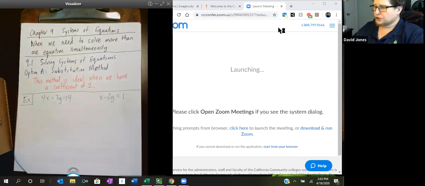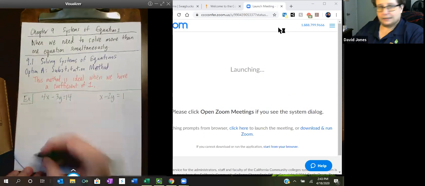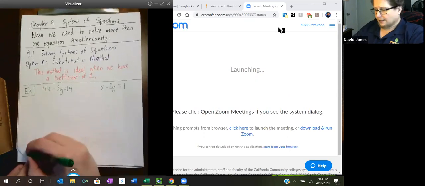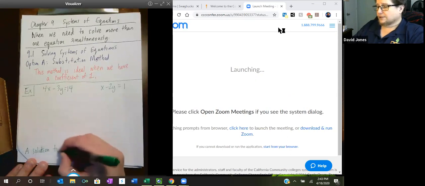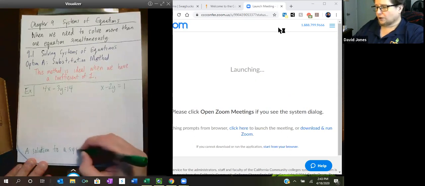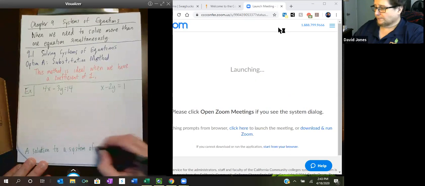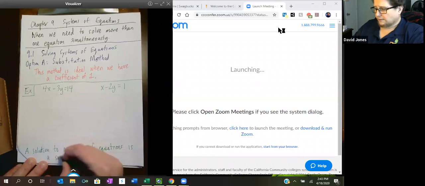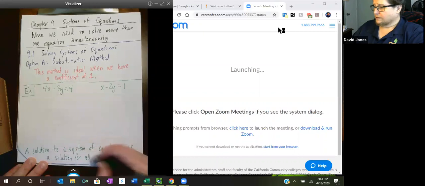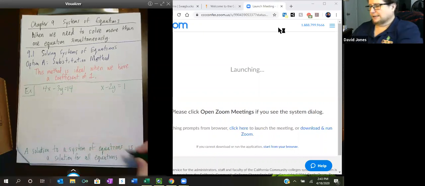So a solution to a system, I'll put this at the bottom. A solution to a system solves both equations. A system of equations solves all equations in the system.